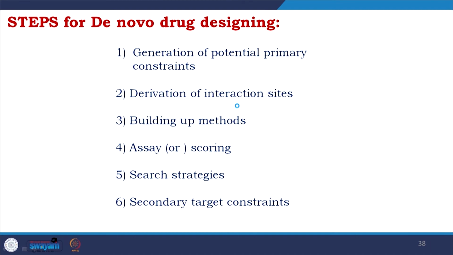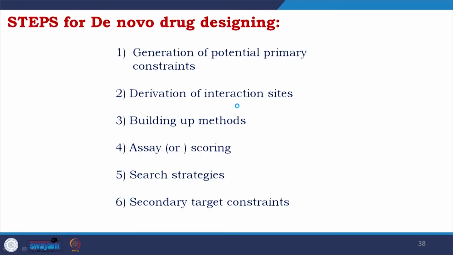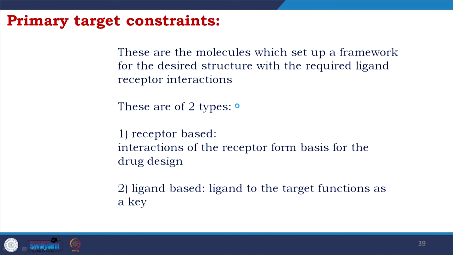You bring a fragment and see the interaction with the structure of the biological macromolecule, then you derive the interaction site, you build up by linking others, then you do the assay and you get the molecule to use as a lead, you do search strategies and then check for other, meaning check for side effects.